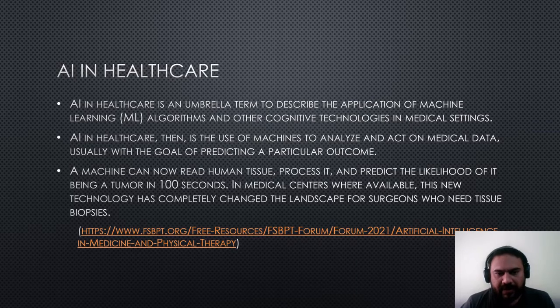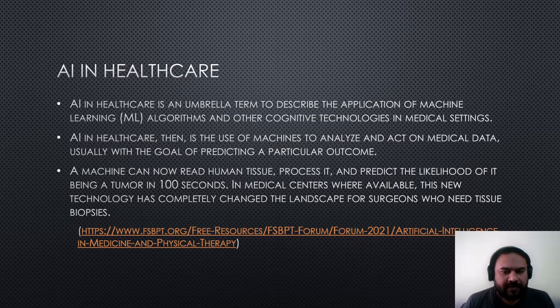A machine can now read human tissue and process it. It can predict the likelihood of the tissue being a tumor in 100 seconds. The process required to analyze this sample and do the different tests, and then find out whether it is malignant or benign, can be done in 100 seconds, and this is available in different universities throughout the world.